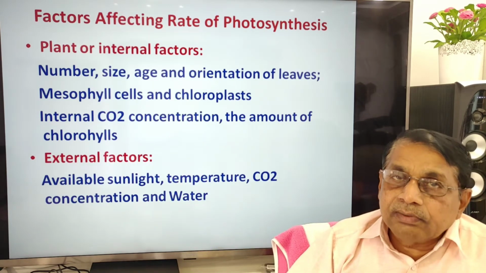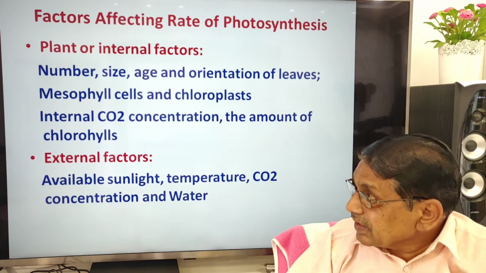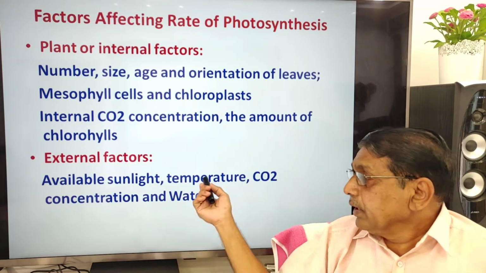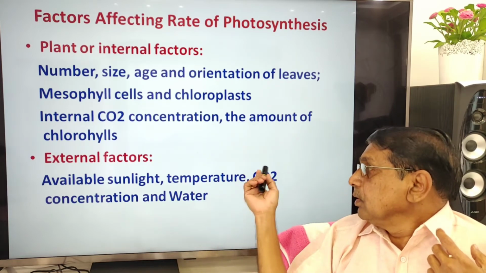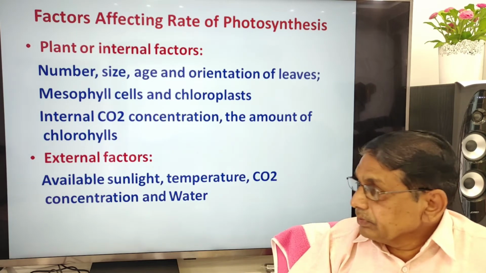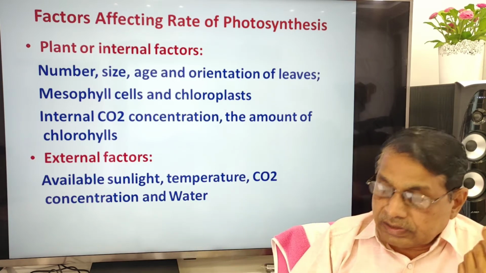All these are internal factors that decide the rate of photosynthesis. External factors: availability of sunlight, temperature, availability of carbon dioxide in the atmosphere and its concentration, concentration of water.